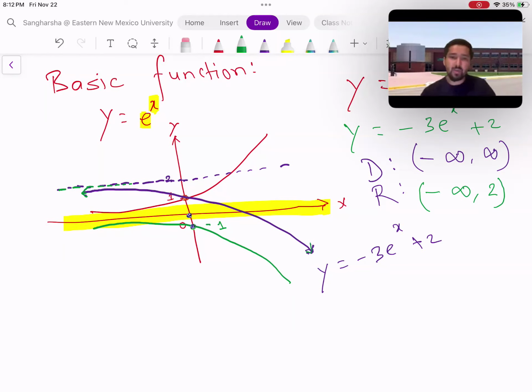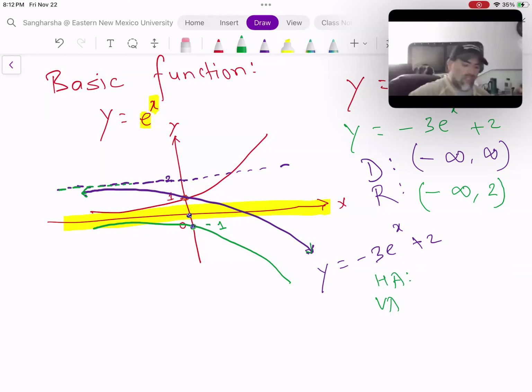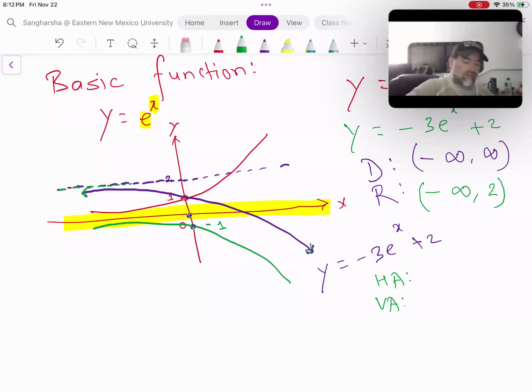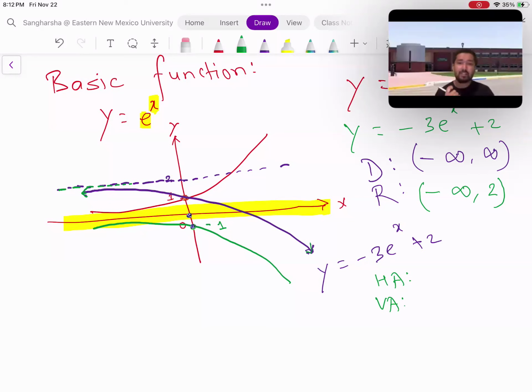Okay, does anyone have a question here? Now from here, can you tell me, do we have any asymptote, like a horizontal asymptote or a vertical asymptote? Okay, what do we have? Horizontal, 2. Okay. How do we write the horizontal asymptote? These are lines, okay?